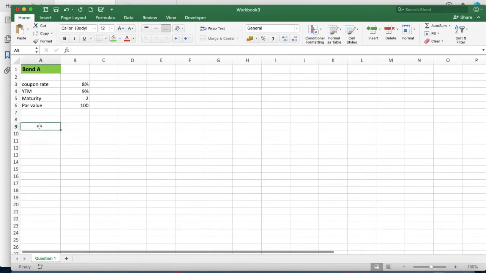So in order to compute the new actual price for bond A, we'll use the conventional discounted value technique, which means that the current price of bond A will be equal to the present value of its expected future cash flows. All right, so let's build a table. The first column is for period, the second one is for the present value factors, the third one is for the cash flow offered by the bond, and the final one is the present value of these future cash flows.